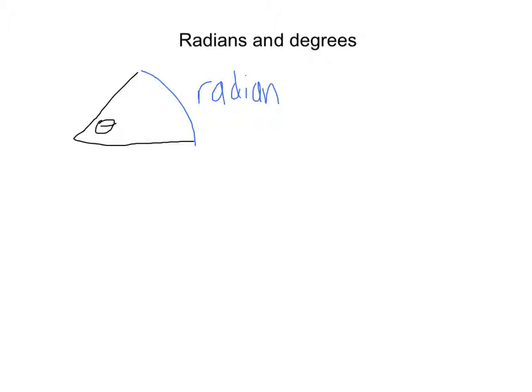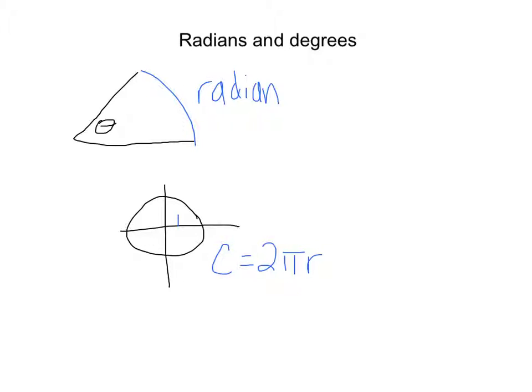Let's say I take a circle, and let's say I draw that circle on my coordinate plane. That's not really a circle, but we're going to pretend it's a perfect circle. Let's say that the radius of that circle is 1. Then you guys know the circumference of that circle is equal to 2 pi r, which means if my radius is 1, the circumference is going to be 2 pi.